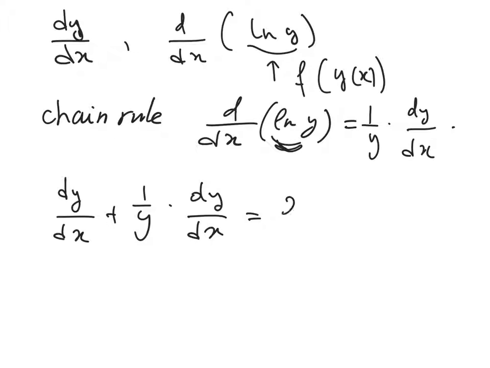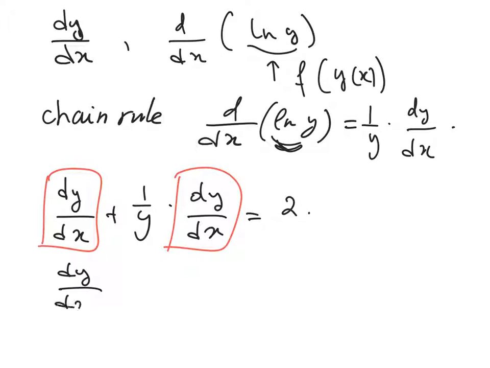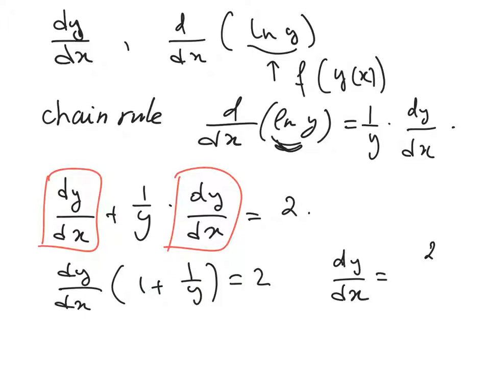The right side is equal to 2. Now we are looking for dy over dx, so we factor this term, dy over dx times 1 plus 1 over y equals 2, and we end up with dy over dx equal to 2 divided by 1 plus 1 over y.